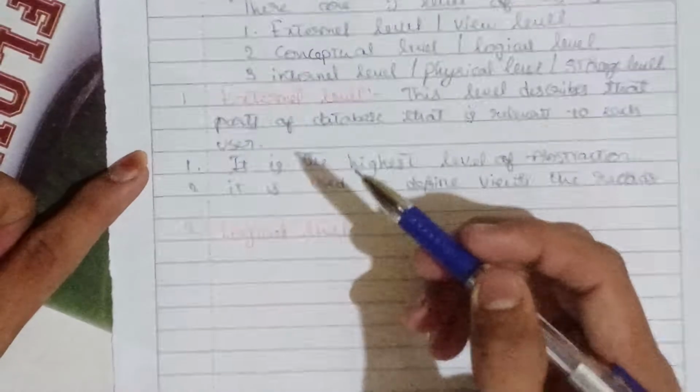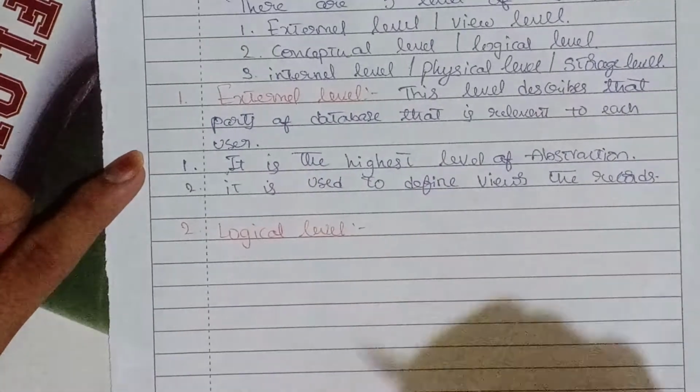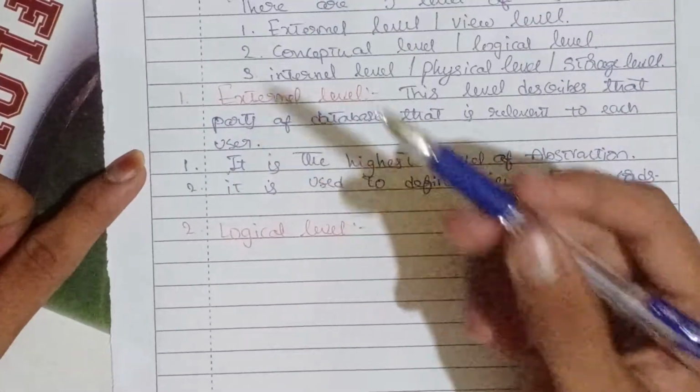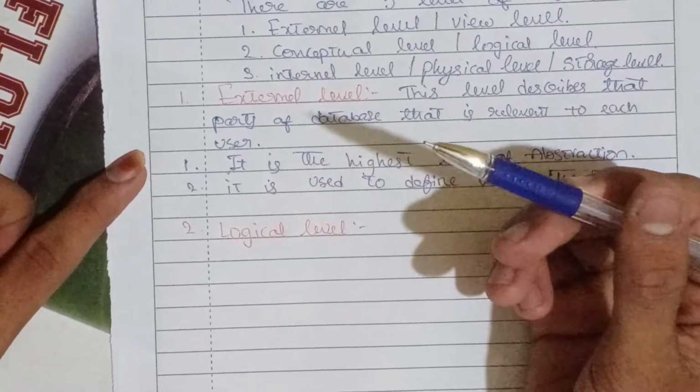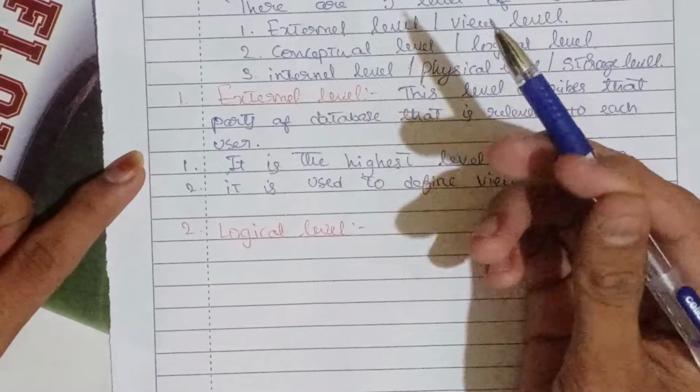So the conceptual level describes what data is stored in the database and the relationships among the data.